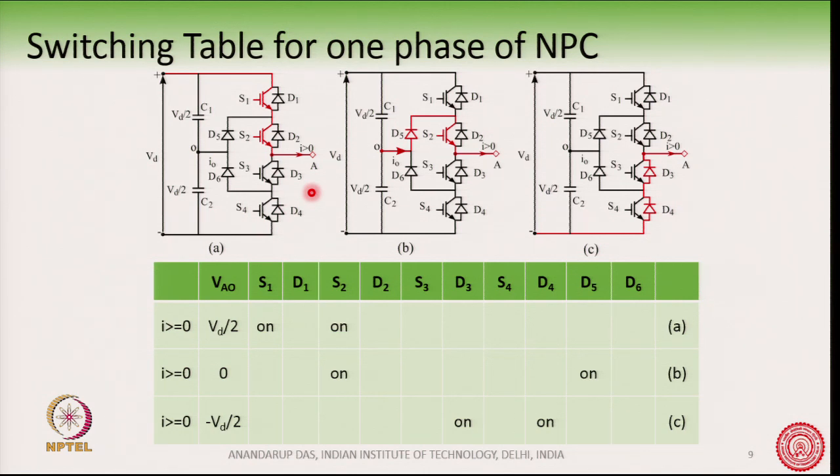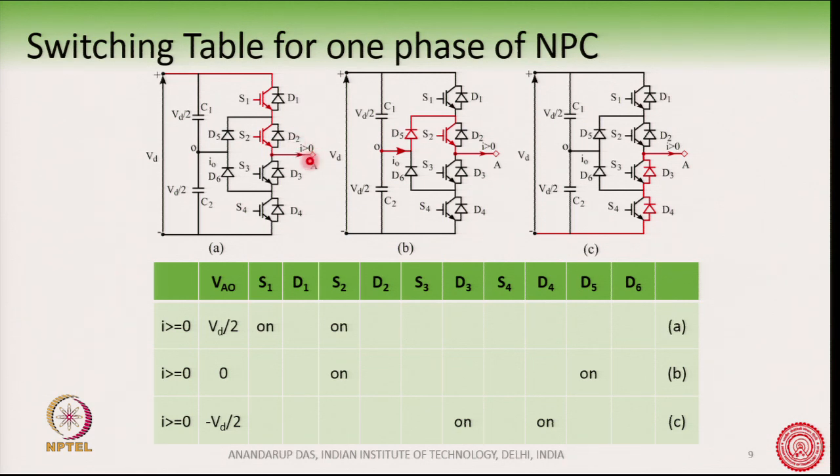Now, how does this converter operate? Let us first take the case when the current I is going out through the terminal A. Let us take this case first.